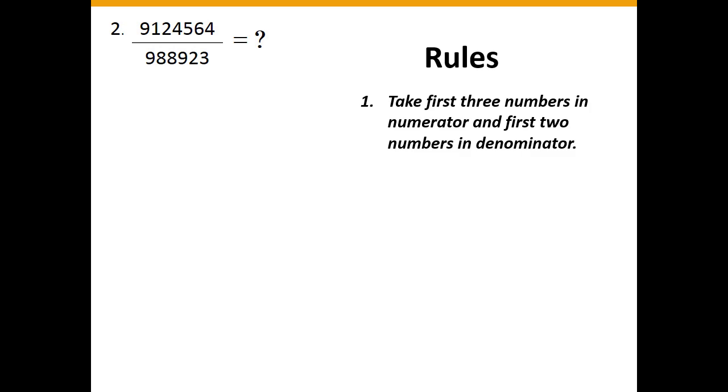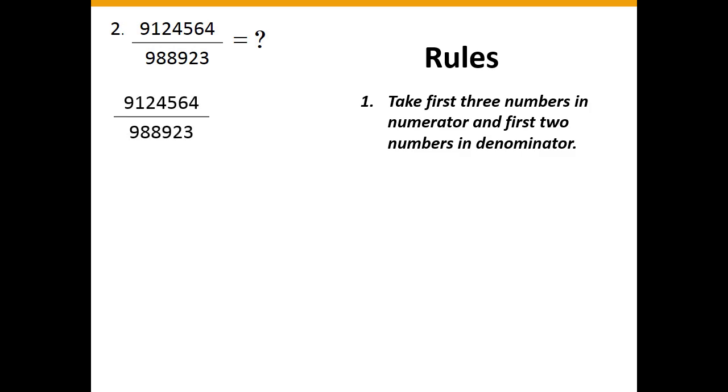Yes, your question is correct, because we see the number in numerator has 7 digits, but the number in denominator has 6 digits. I already told that type 2 is based on problems where the difference in digits is 1. Upper we got 7 digits but lower we have 6 digits. So we took 3 numbers from numerator and first 2 numbers in denominator. I think that you understand clearly.